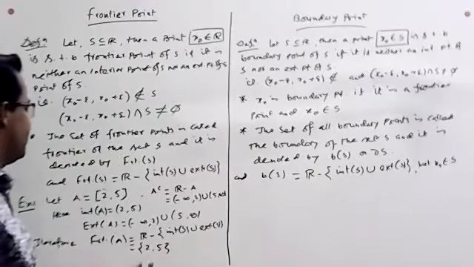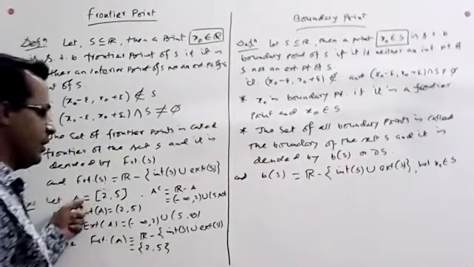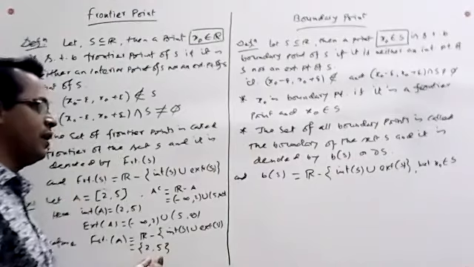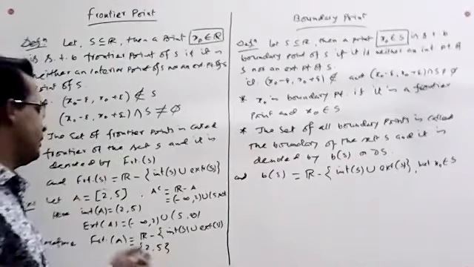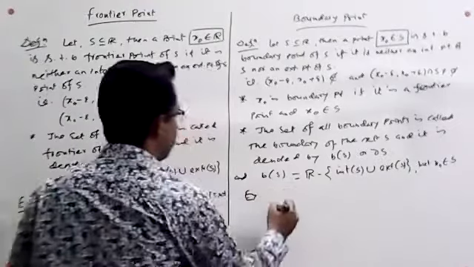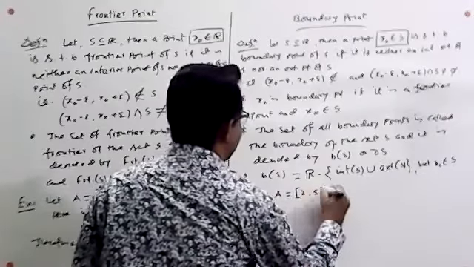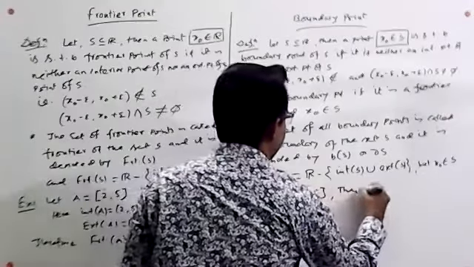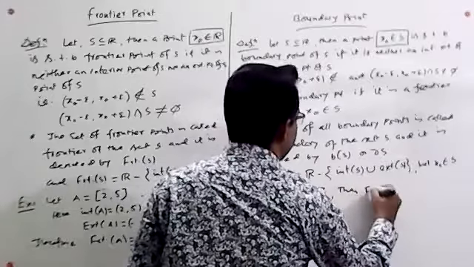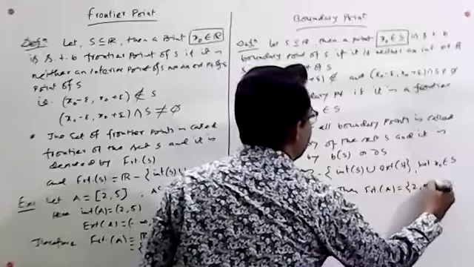Now, since these 2 elements belong to this closed set, we will also call them boundary points of this set. So here, a similar example: let A equal the closed interval 2 to 5, then frontier of A equals 2 and 5.